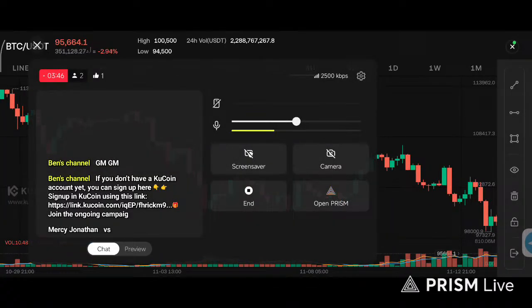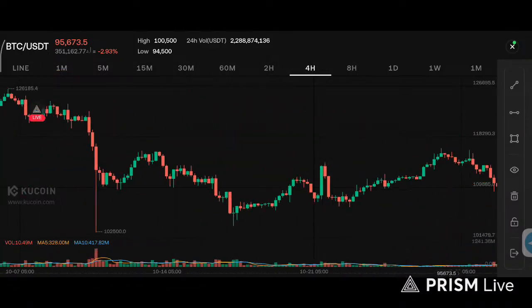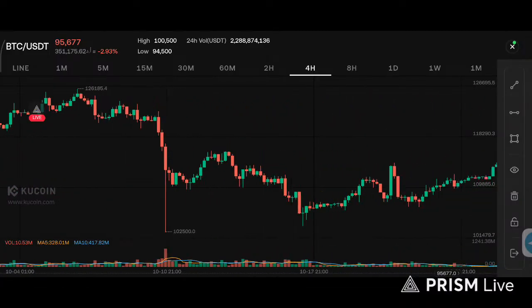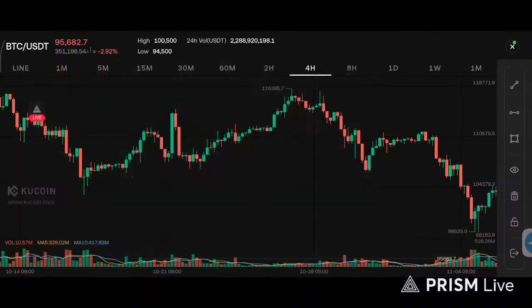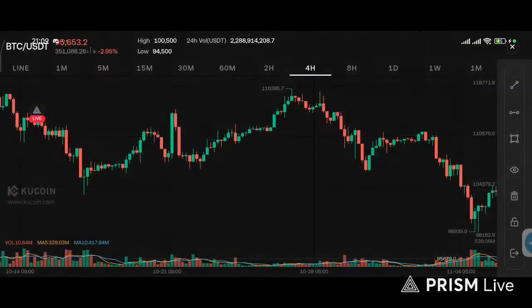GM guys. In our last class we were talking about the market direction, which in every class you should have an idea about. We also talked about the trend in which the market is going, and candlesticks.